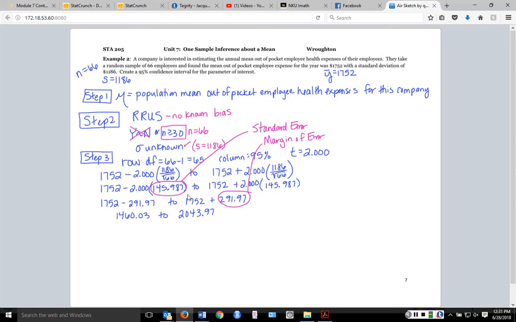All right, so finally we can interpret our interval. We start with how confident we are.